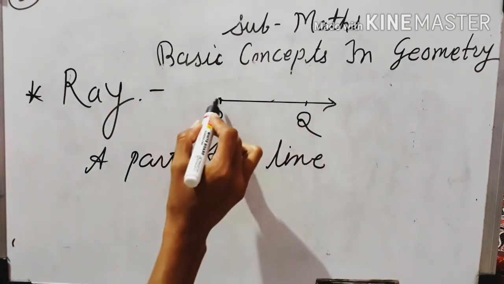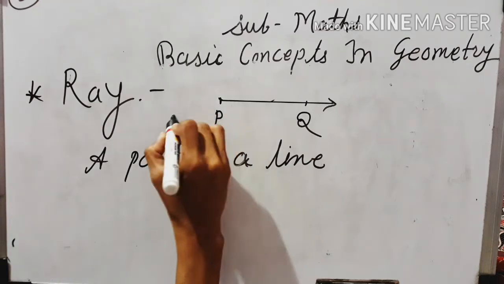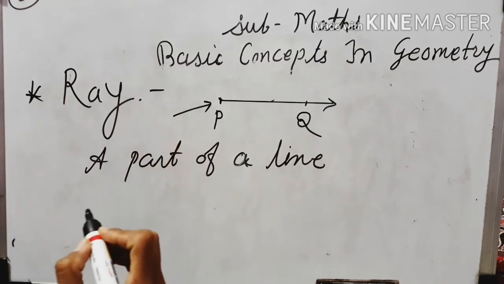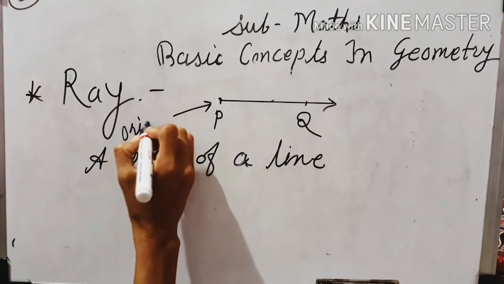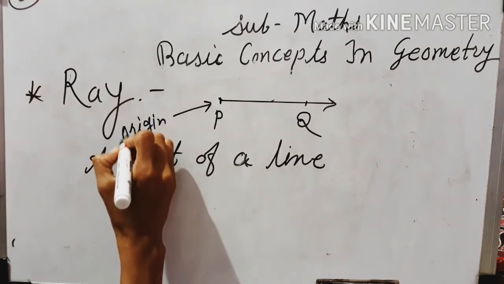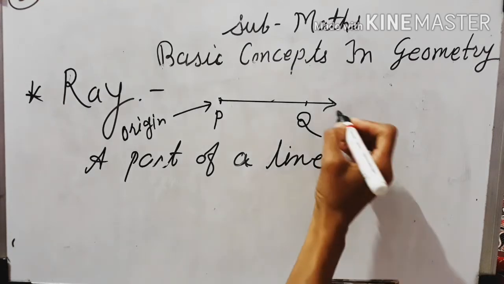This is our starting point. The starting point of a ray is called its origin. So here point P is the origin of this ray. Then an arrowhead is drawn here.